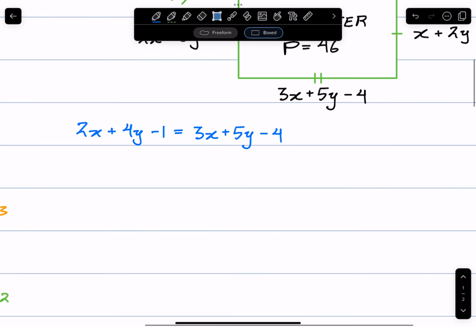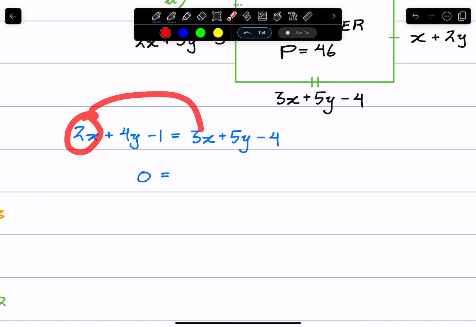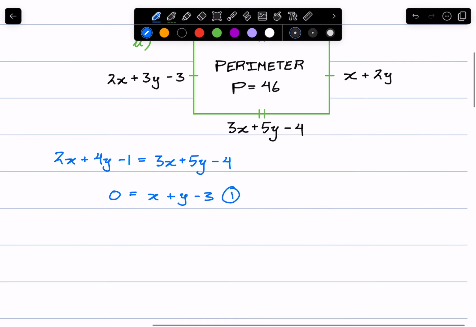Now let's bring everything to one side. Get 0 equals, subtracting this, I get x on its own. 5 take away 4 gets us positive y. And minus 4 plus 1 gets us negative 3. So x plus y minus 3 equals 0 is our first equation.